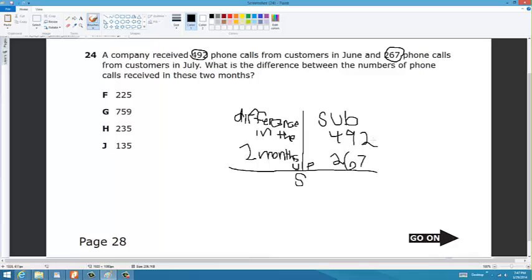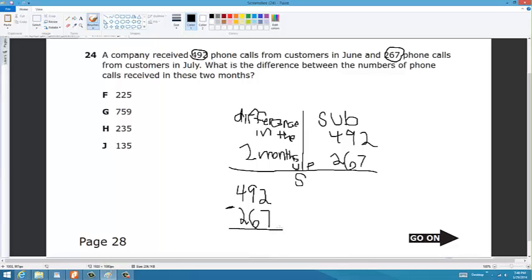Students know that in subtraction, the biggest number always goes on top. So what we're going to do is write 492 right here. And we're going to subtract 267.